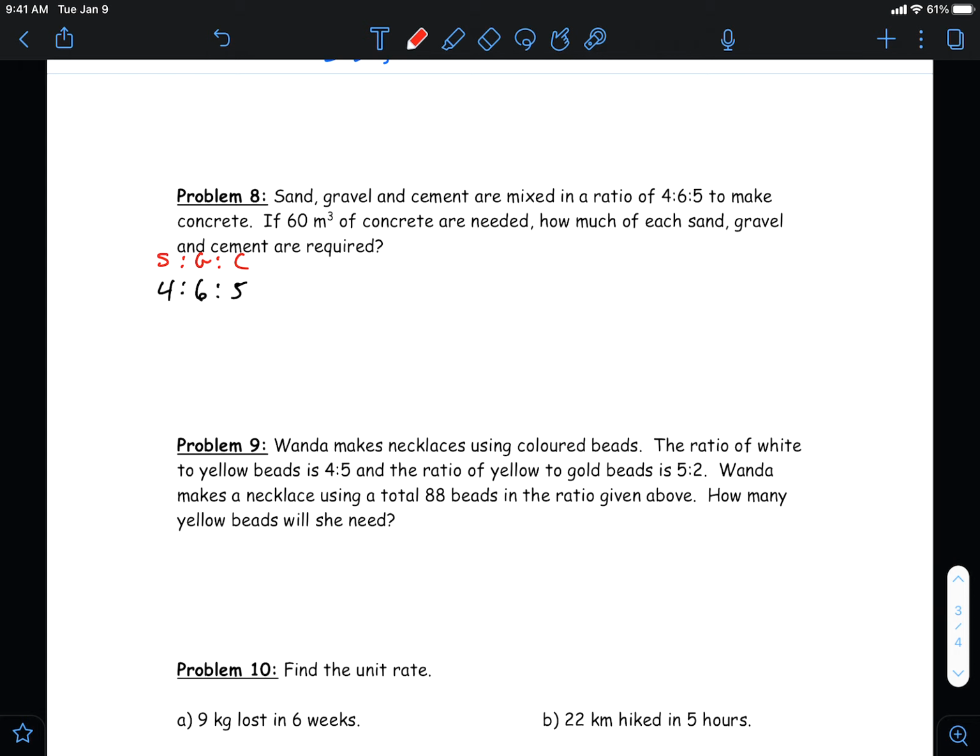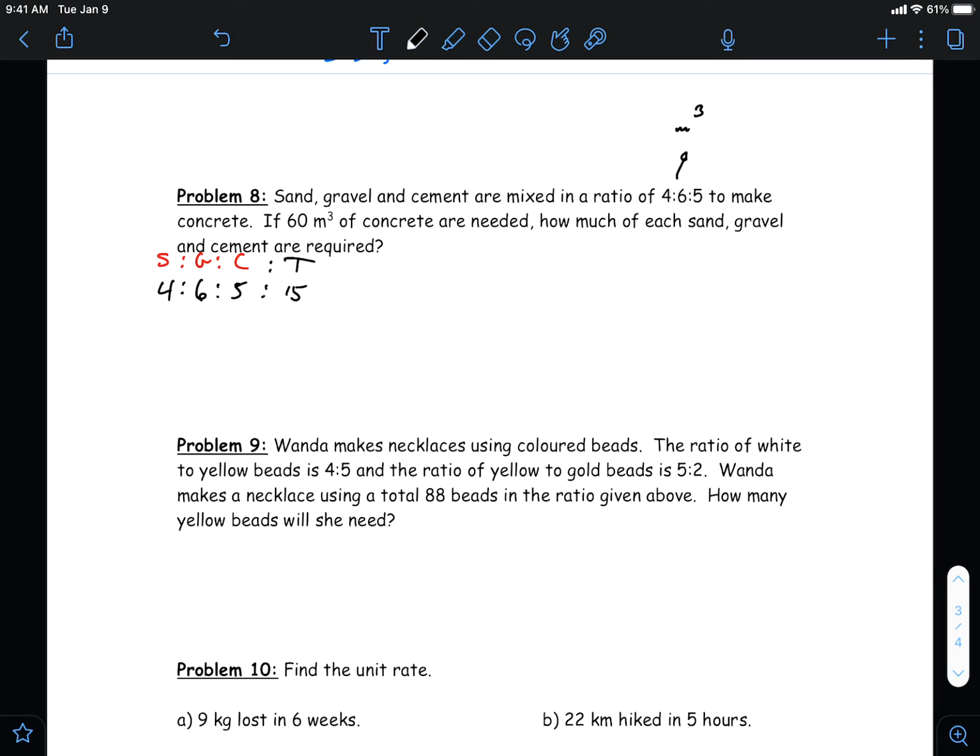Now, in total, I think we could assume that when they're mixing this, it's in meters cubed. So in total, what's our total amount of the base mixture? Yeah, Sally. So you say 15? Yeah, that's right. So 15.